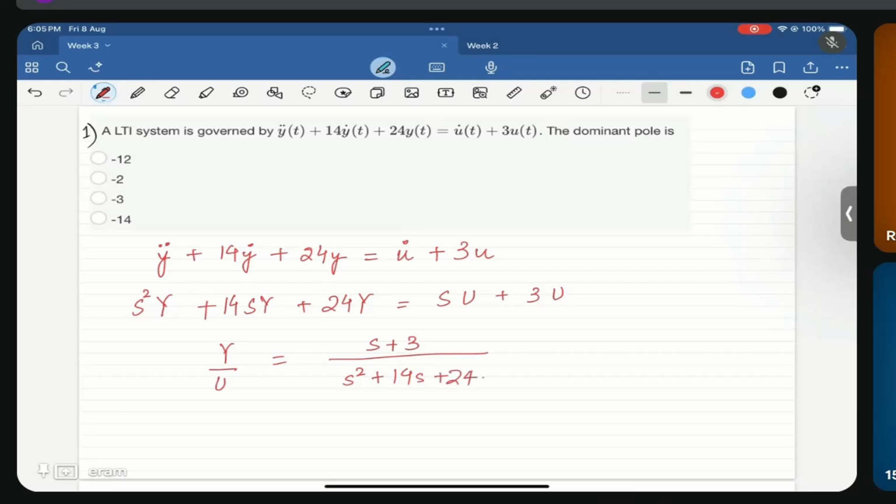Now can you identify the poles? Anyone? We have to consider s square plus 14s plus 24 equals 0 and solve this equation. We can write it as s square plus 12s plus 2s plus 24 equals 0.